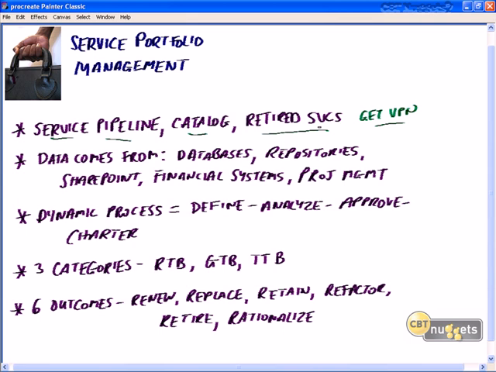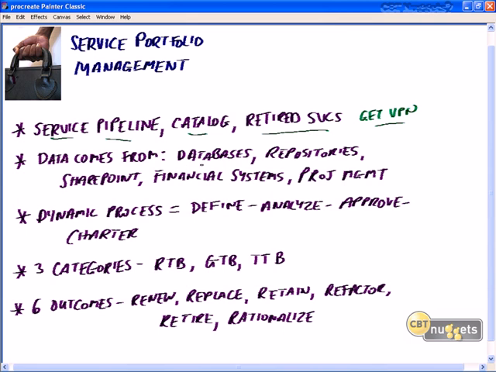Now, as we decide to put our portfolio together, whether it's the existing catalog or the pipeline, we want to think about where we get our information from. How do we decide upon the portfolio that we're going to offer? Well, this will come from experience, from just being in touch with your industry.